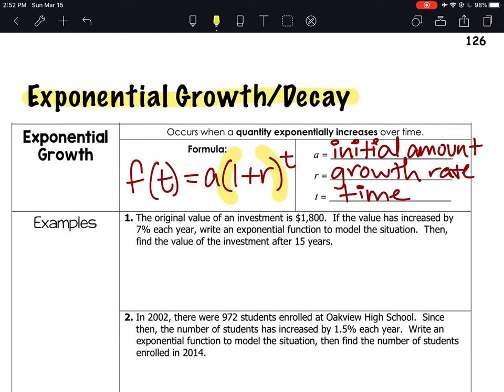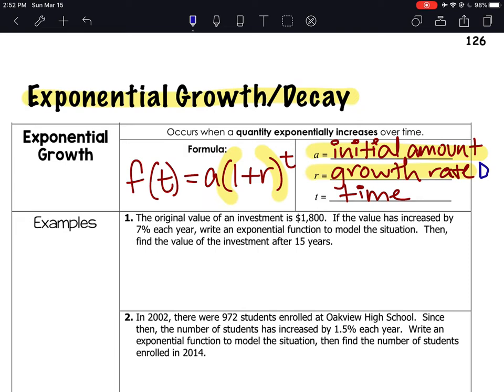So the formula is f of t equals a times the quantity 1 plus r to the t power. A is initial amount. R is growth rate. But your rate has to be as a decimal, not a percentage.